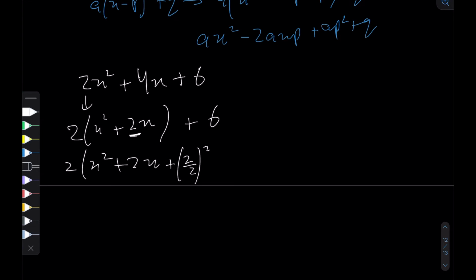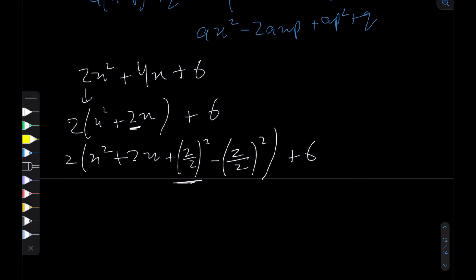So I just took the 2, divided by 2, squared it, and added it. And since I've added something, I must also subtract it, in order for it to remain the same function that it was. So plus 1 squared minus 1 squared doesn't change the function, close the bracket, plus 6.